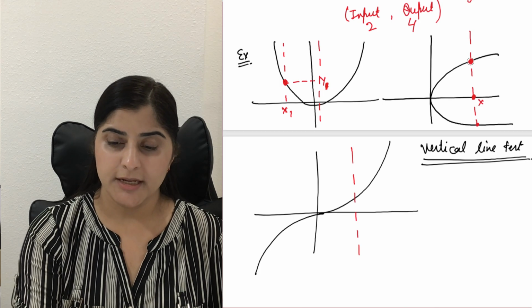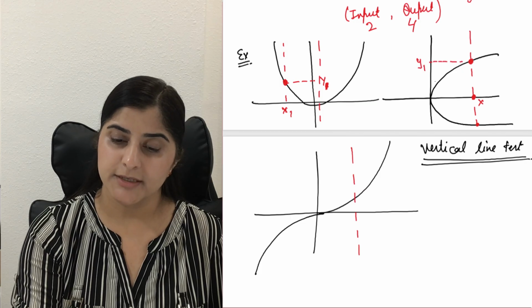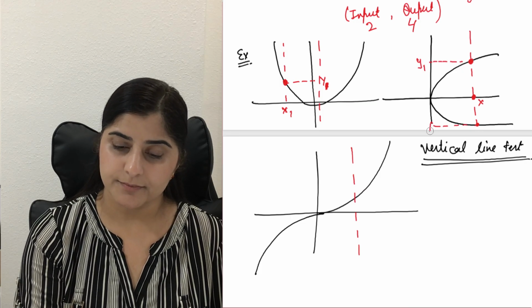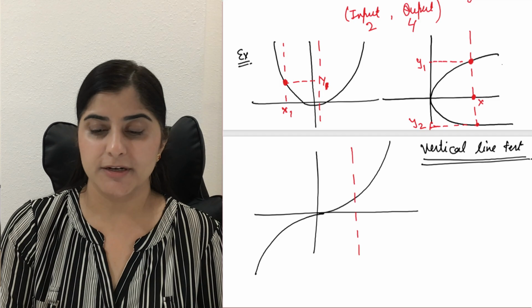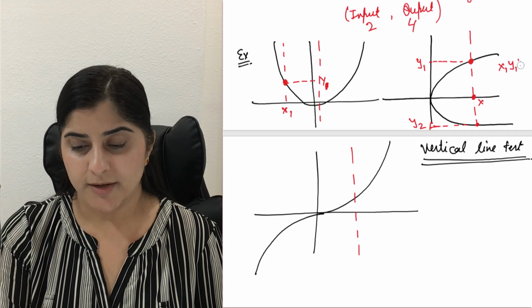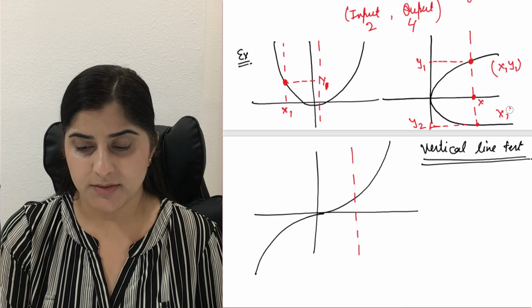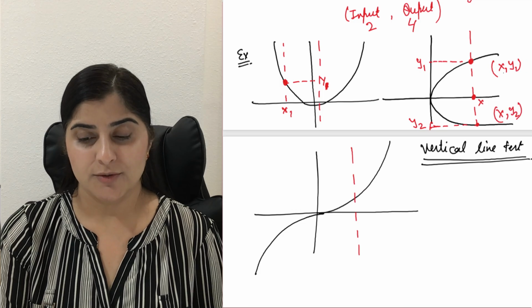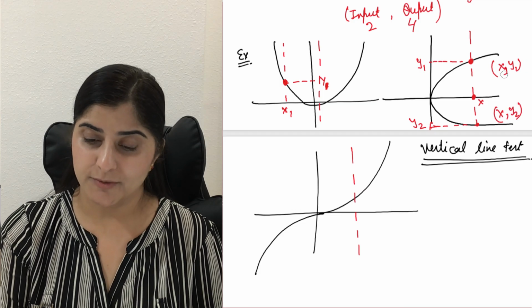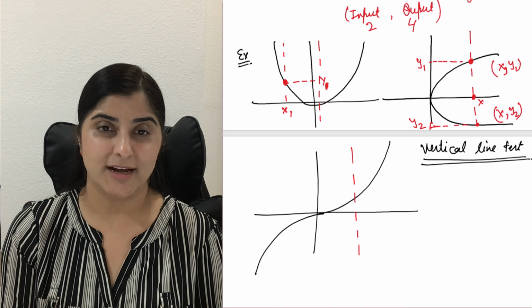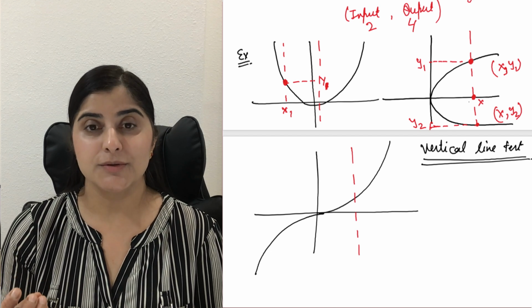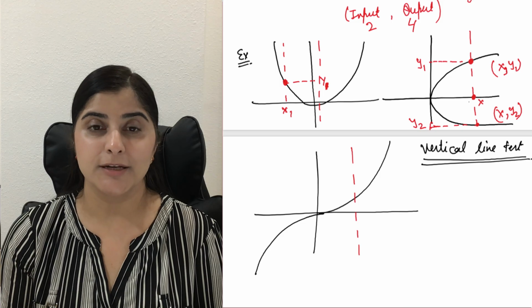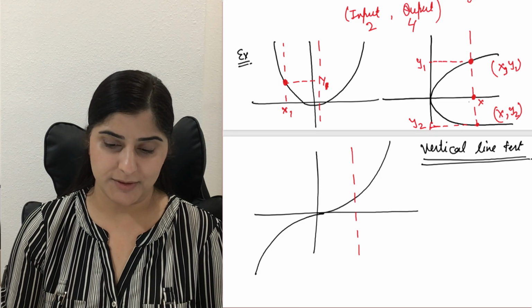That means for one input, we have two different y values. So in other words, x has two different outputs, y1 and y2. So one input has two different outputs. This is not a function graph, because we have a restriction for the function that only those relations are functions in which one input has exactly one output.